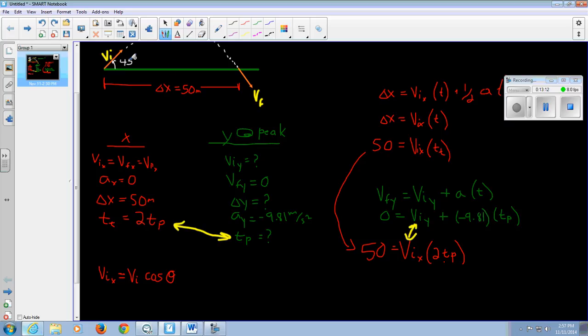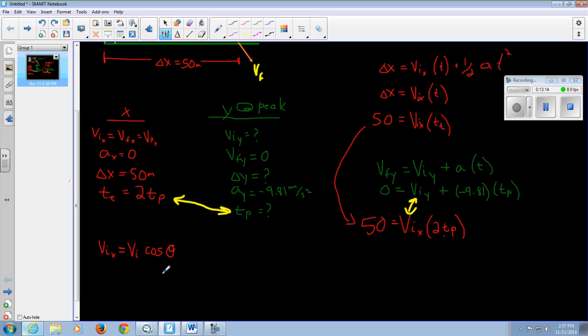Do I know my launching angle? Yes, it's 45. So this is the initial in the x direction. The x component is initial velocity times cosine of 45 degrees.